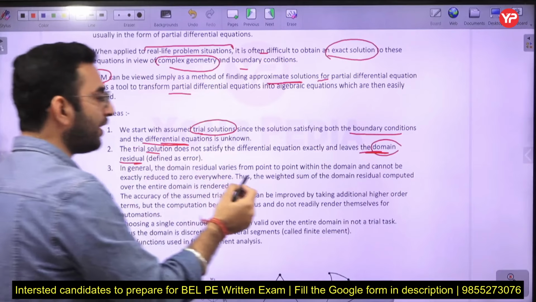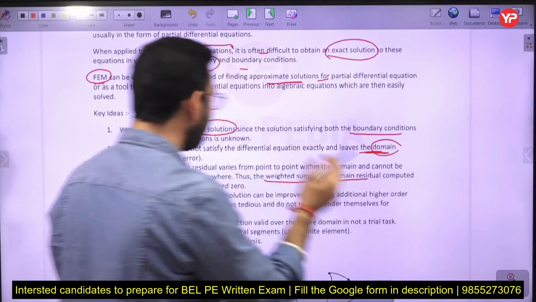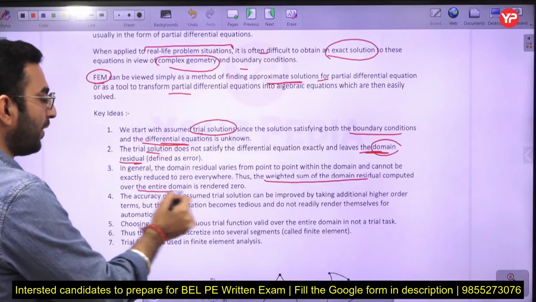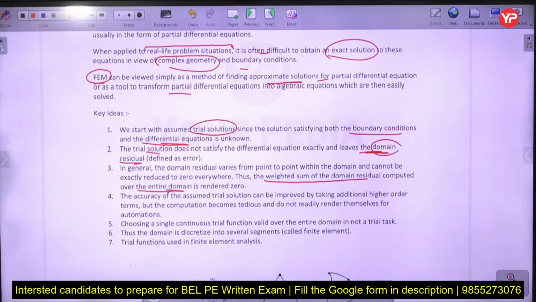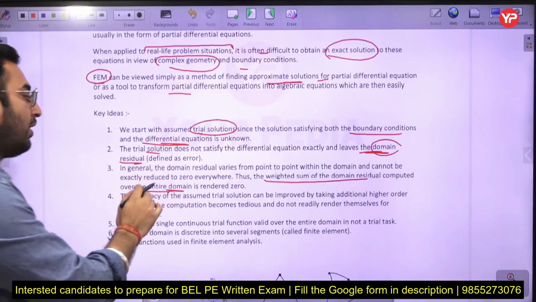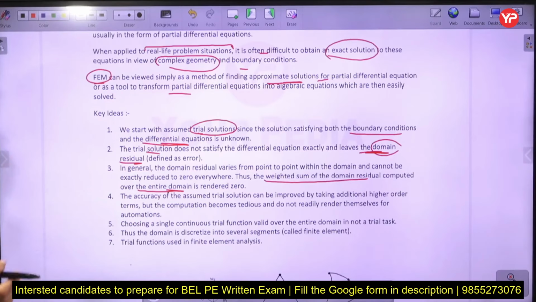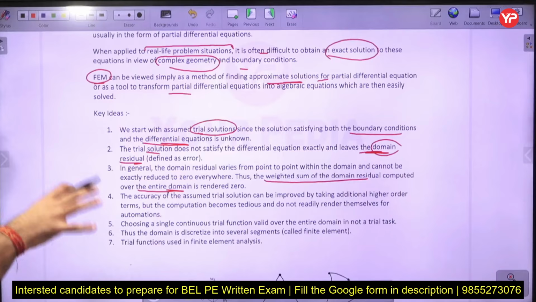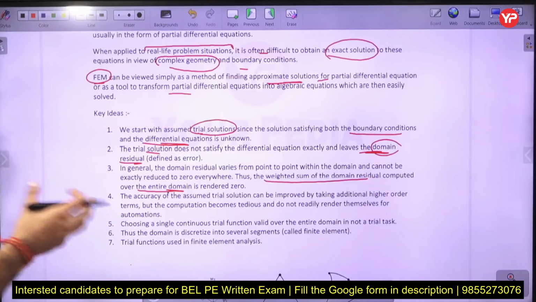That is why we calculate the weighted sum of the domain residual in the entire domain, and we have to ensure that the weighted sum of the domain residual should be 0. But it is not a practical scenario, because it cannot be made exactly 0. So we try to minimize it as much as possible.